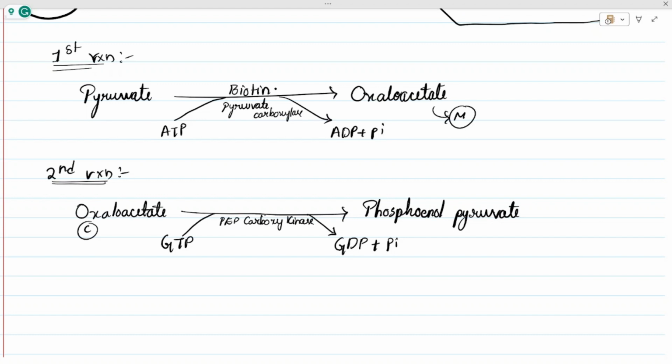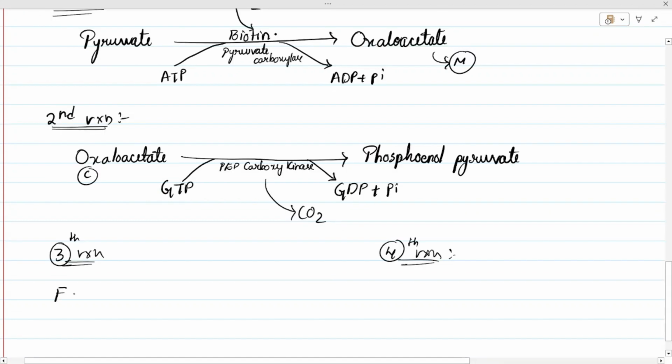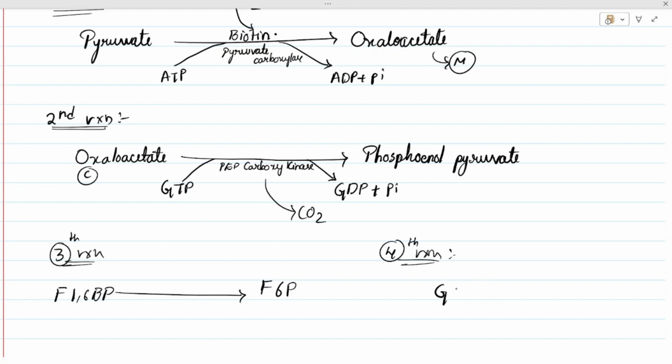Now, I said I will add one more component, right? Just add CO2 here and remove CO2 here. That's it. Here, fructose 1,6 bisphosphate gets converted into fructose 6-phosphate. And in the fourth reaction, glucose 6-phosphate gets converted into glucose.